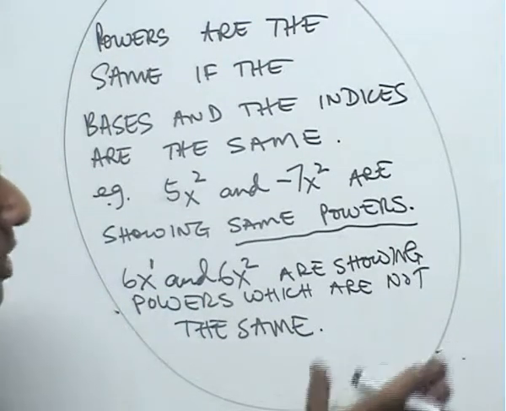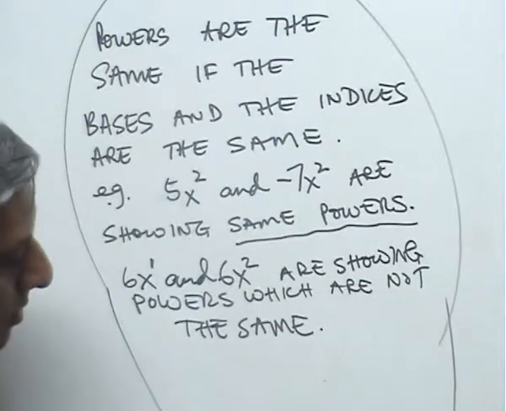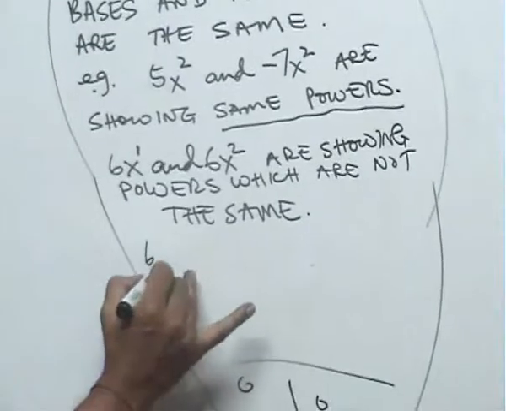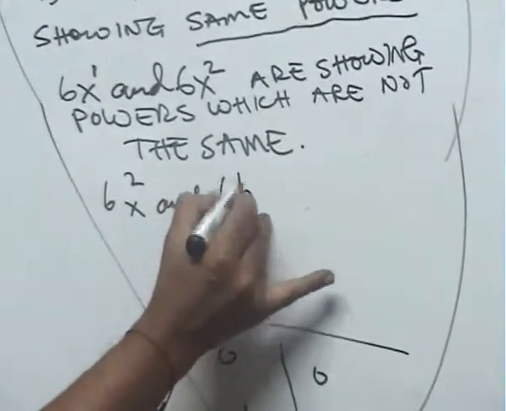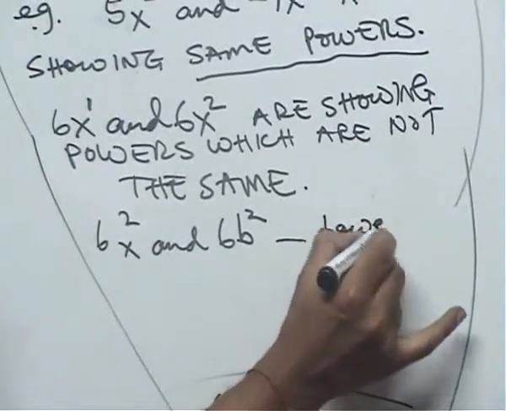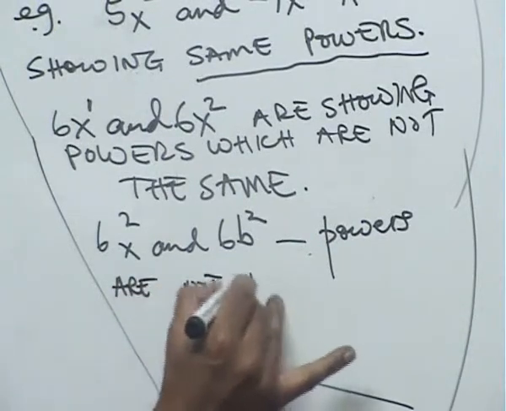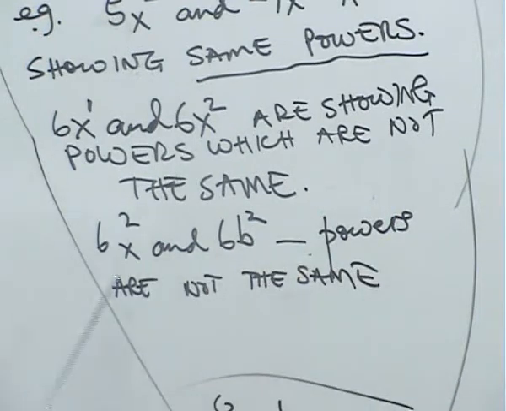So if you wish to complete the story properly, then we do one more. And if you take 6x squared and 6b squared, once again the powers are not the same, because this time the indices are equal but the bases are different.